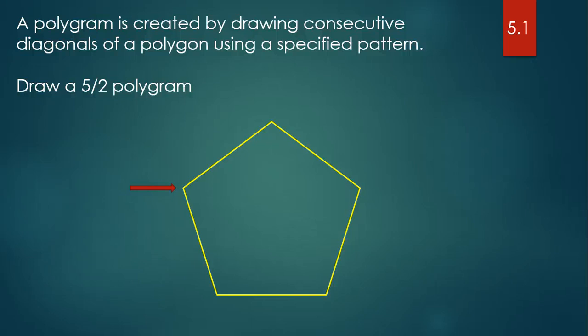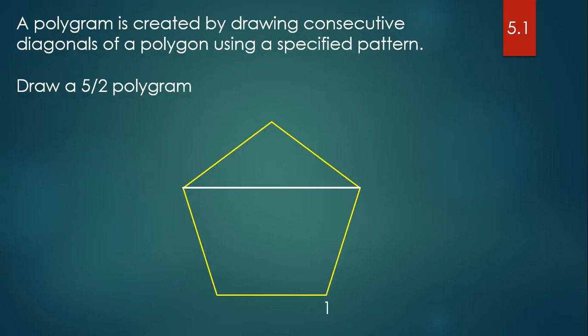Now the 2 is a pattern of counting from the vertex that we started at. So if from that vertex I count clockwise 1, 2, and then I connect my starting vertex to my ending vertex, I will have my first diagonal. Now from where we stopped, we're going to keep on counting to 2.